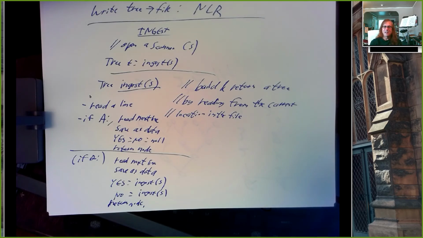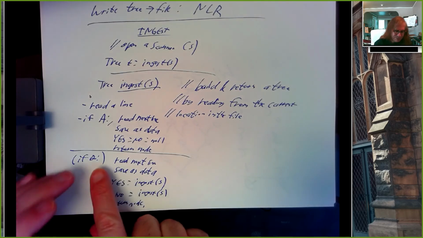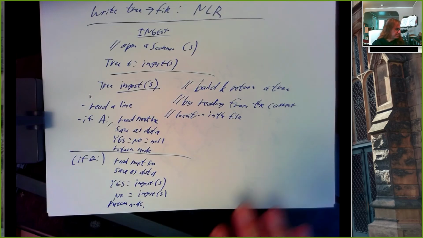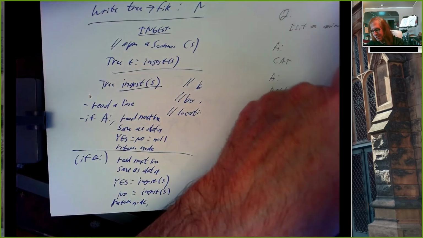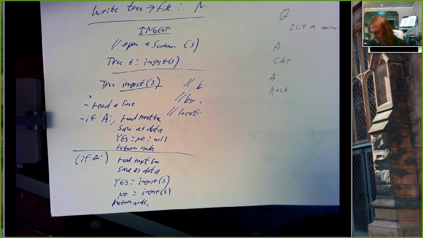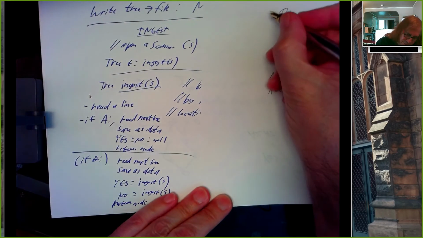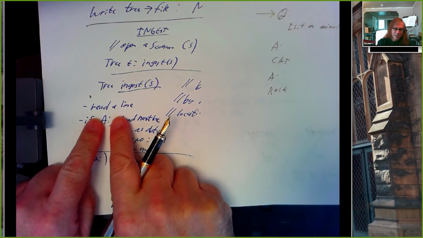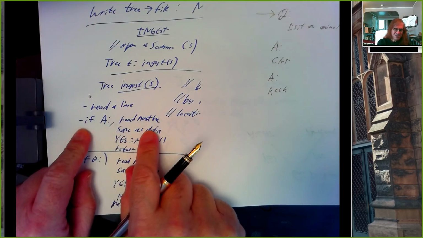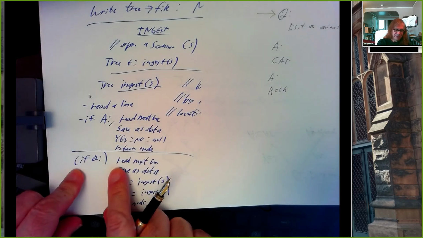So start with that 6-line file, and the first line that you read will be a question. Here's our 6-line file, and I'm going to mark off where we are in here. So we're about to read this line. Read a line. If it's an answer, well, it's not an answer, so we skip this. So it's a question.